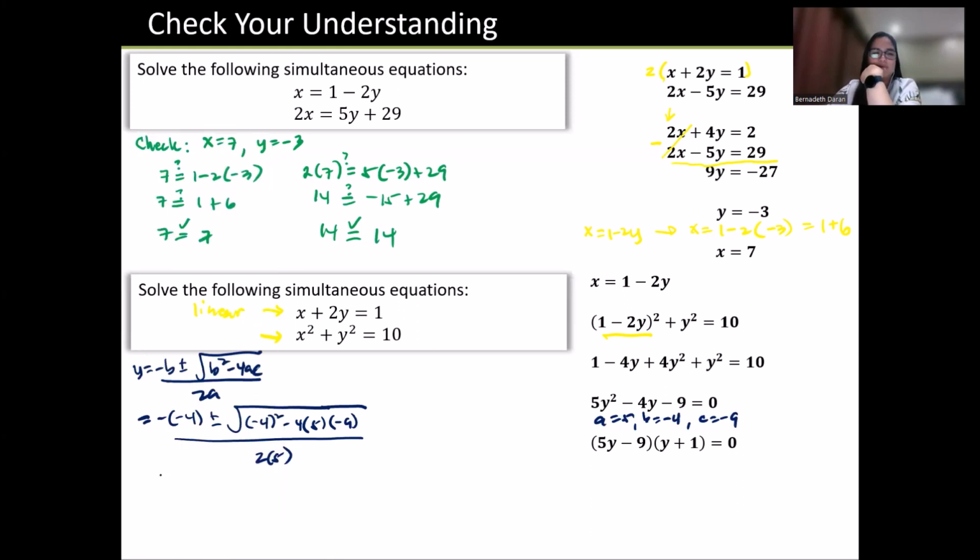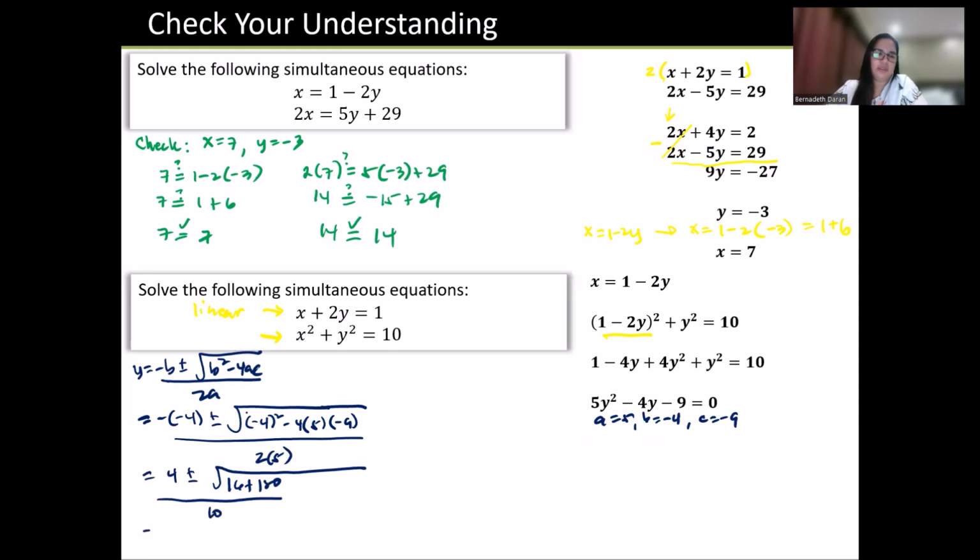So we now have 4 plus or minus 16. And we have 4, negative 4 times 5 times negative 9 will give us positive 180 all over 10.